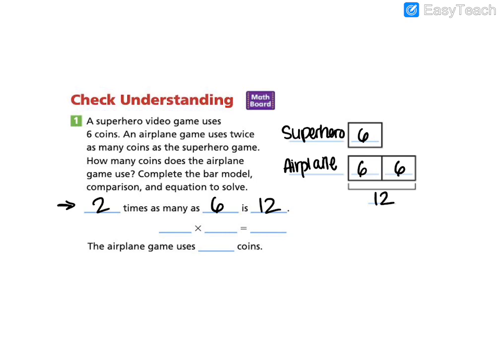That's where our comparison language gets a little tricky. But when we write that as a multiplication equation, it's 2 times the 6 coins used in the superhero game is the 12 coins used in the airplane game. So the airplane game uses 12 coins.